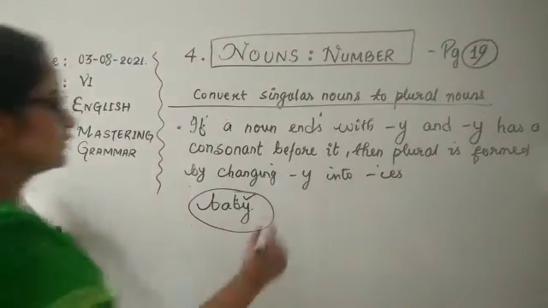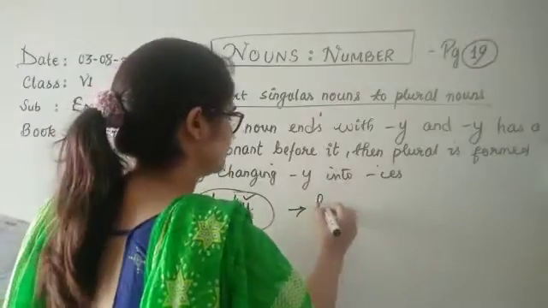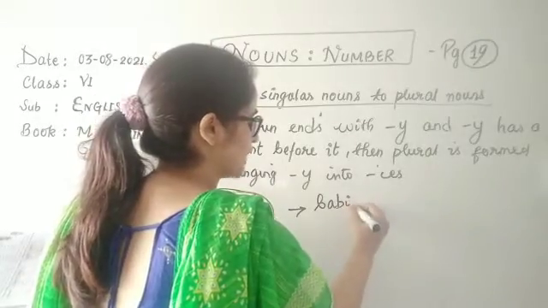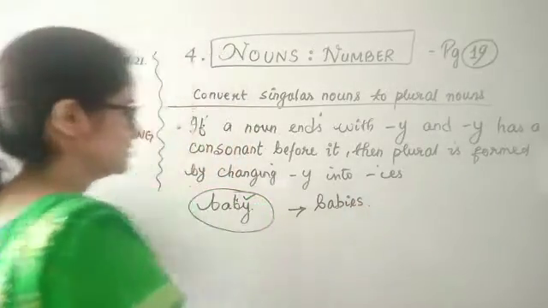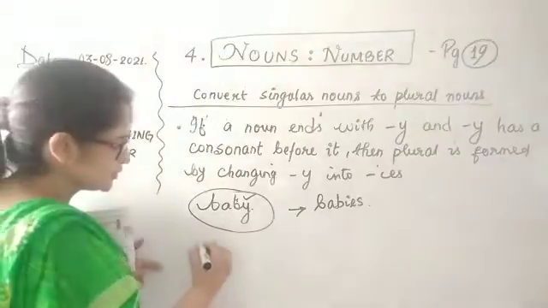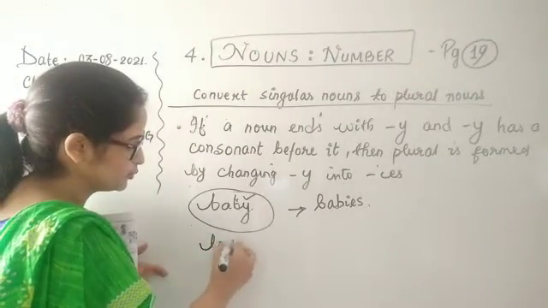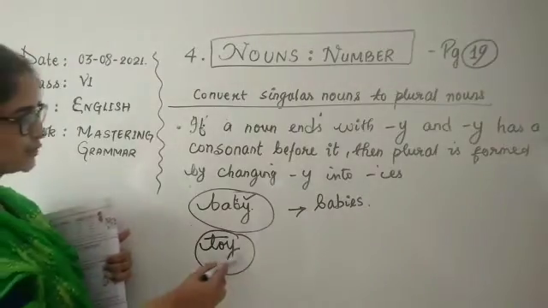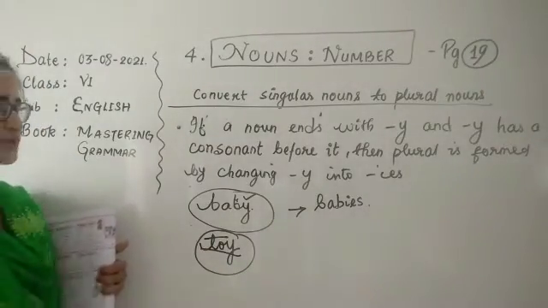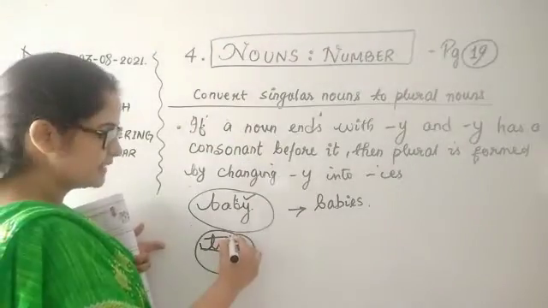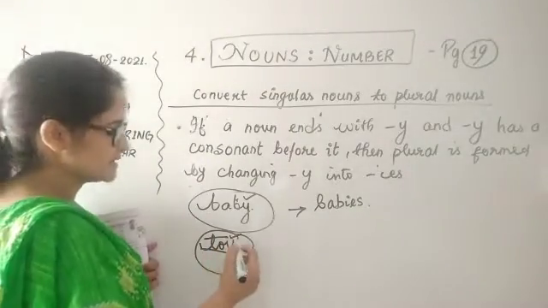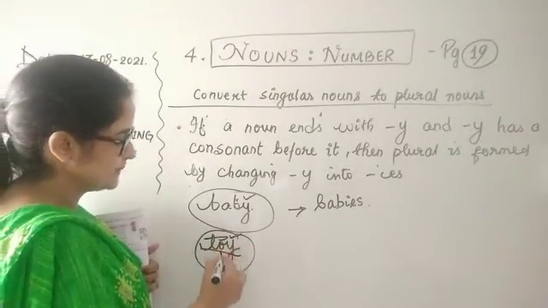So what we have been asked to do, BAB will be same, then we are going to change y into IES. Now children, can you tell me, will we change the y into IES for this one also? No, because what did I tell you, the word has to end with y, but it has to be preceded by a consonant.